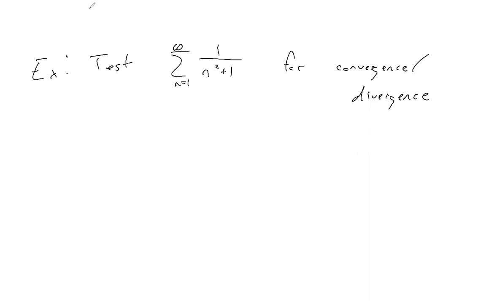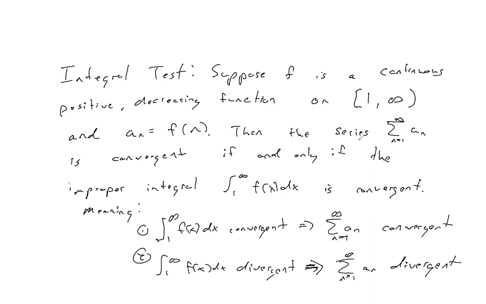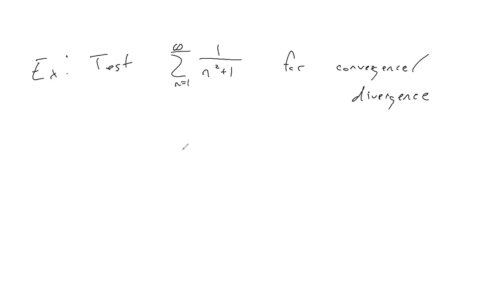Let's revisit the statement of the integral test and see what I need. Suppose we need a continuous positive decreasing function on the interval 1 to infinity such that a_n equals f of n. How do I find that function? It's going to be pretty easy. We usually just replace n with x, and that's going to be our f of x. So I replace n with x, and I get 1 over x squared plus 1. That's our function f.